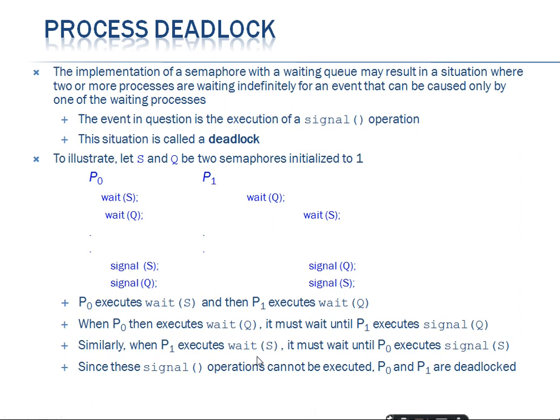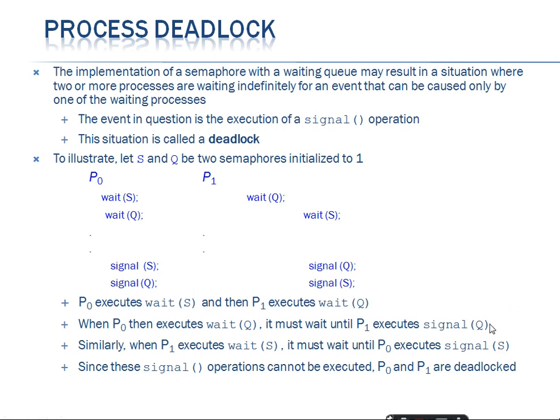Similarly, when P1 executes wait over S, it must wait until P0 signals S. Since these signal operations cannot be executed, P0 and P1 are deadlocked. See here, both of the processes are not able to continue their execution. They are waiting for one another.